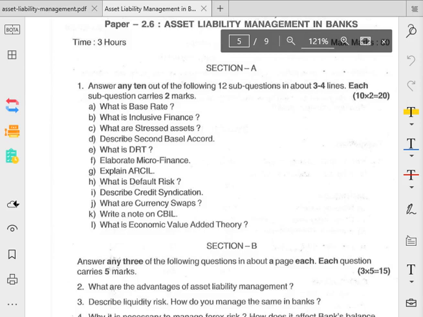Next one is currency swaps, also called cross currency swap, which is an off balance sheet transaction. Two parties exchange the principal and interest in different currencies. The parties involved in a currency swap are generally financial institutions that either act on their own or as an agent for non-financial corporations.